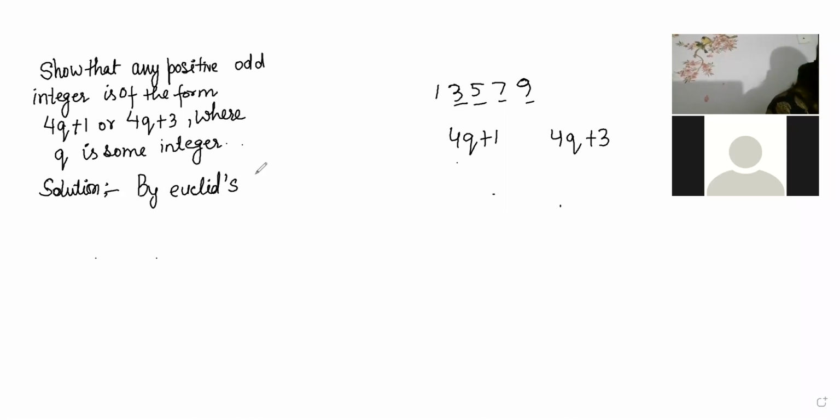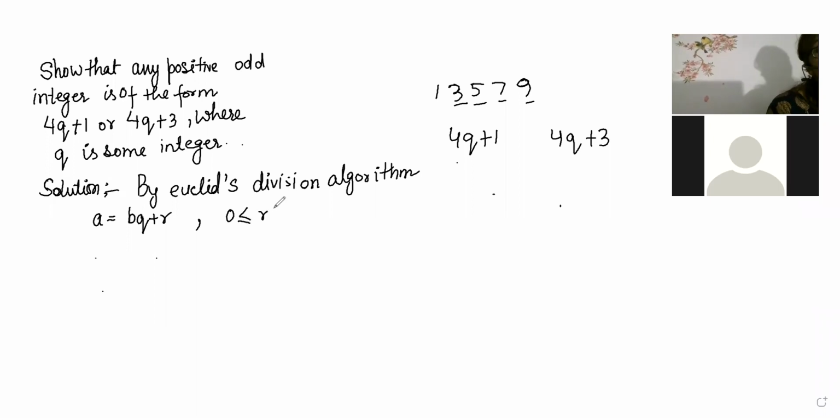By Euclid's division algorithm, you know that a is equal to bq plus r. Now the condition for r, the restriction is, what should be the restriction for r?